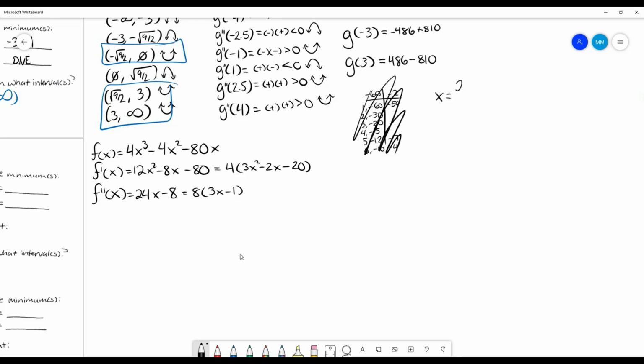So x equals 2 plus or minus the square root of 4 minus, but that's a negative, so plus 4 times 20 times 3.